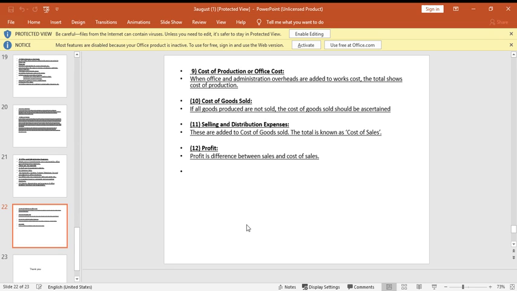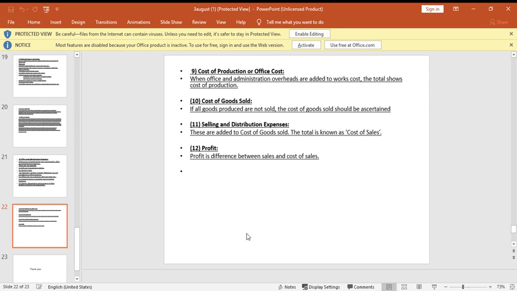Then cost of production or office cost. That means when office and administration overheads are added to works cost, the total shows cost of production. Then cost of goods sold. If all goods produced are not sold, the cost of goods sold would be ascertained.